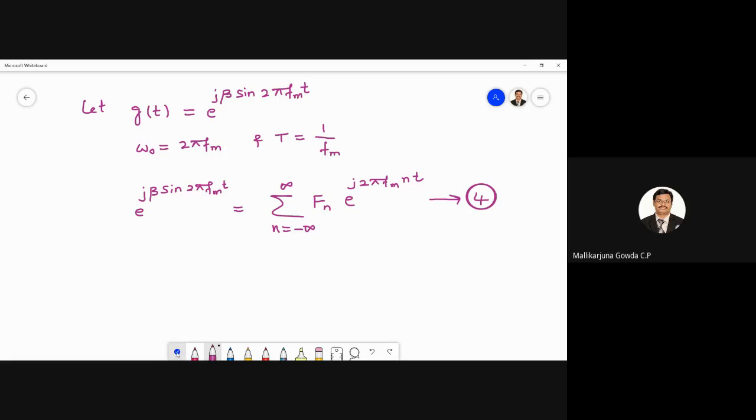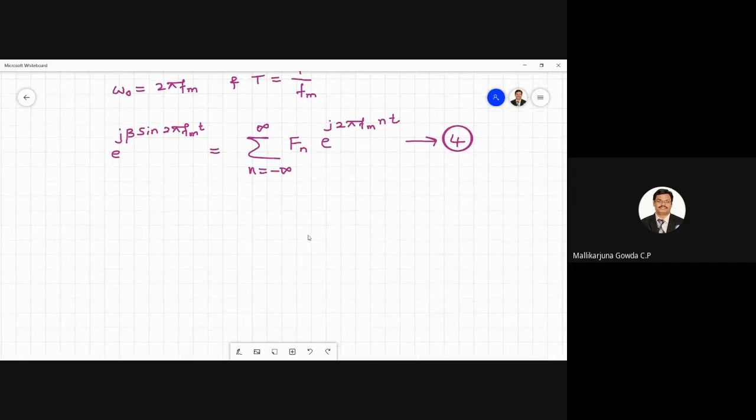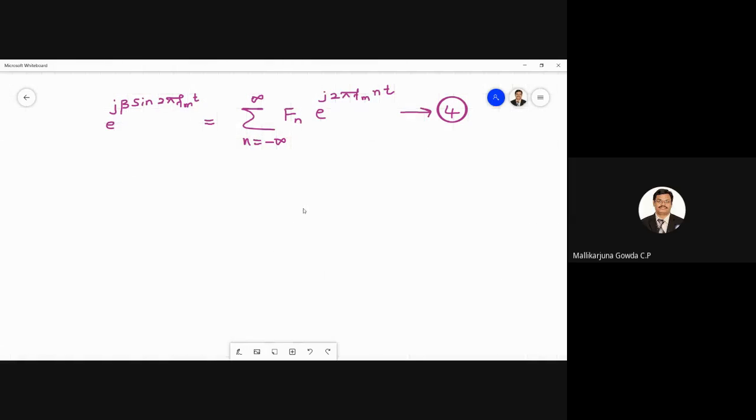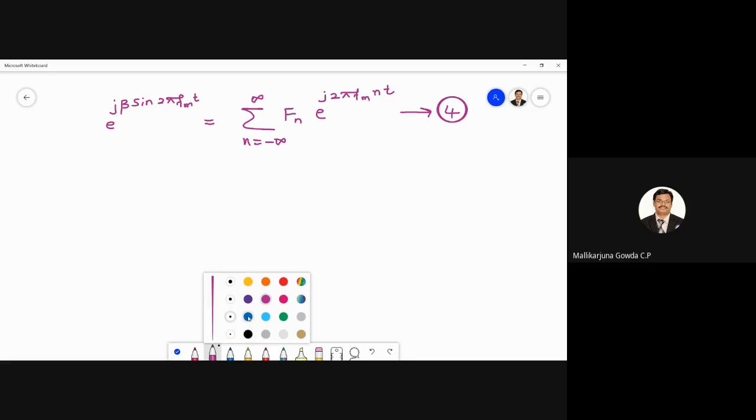Any doubts so far? Shall I scroll up and write? I hope you are all with me. So now let me define what is Fn, the Fourier coefficient.